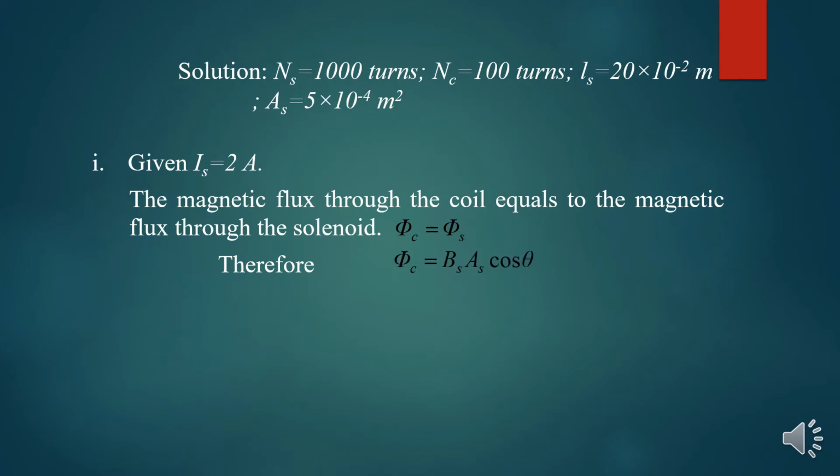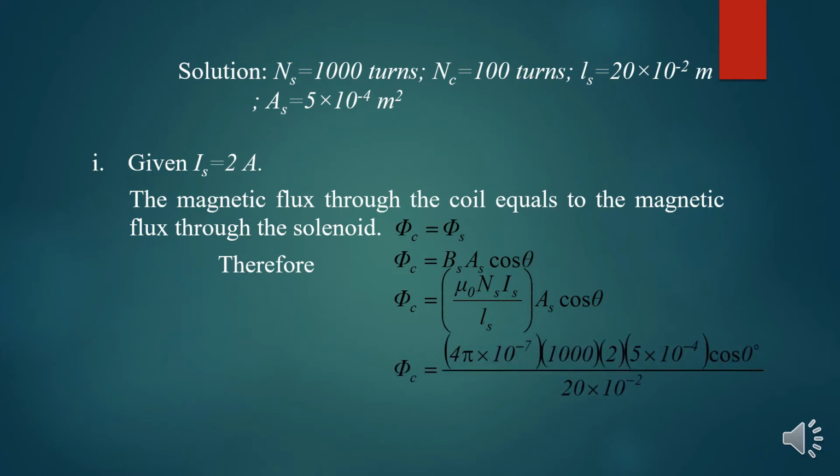What is the value of magnetic flux for the solenoid? By using the formula BA cos theta, substitute the value. For the solenoid, the value of the magnetic field B is equal to mu naught N over L times I. Then substitute the values: mu naught, number of turns, electric current, length, times the value of A cos theta.